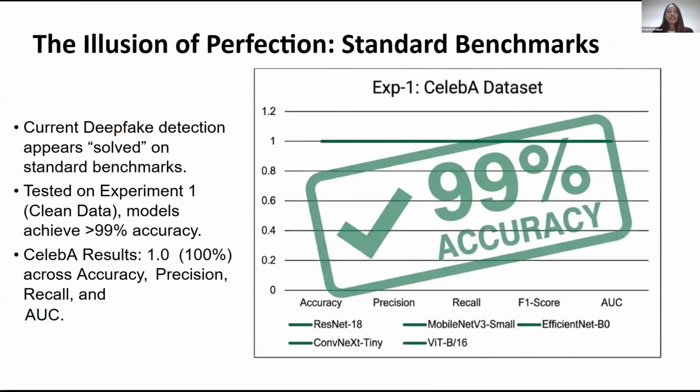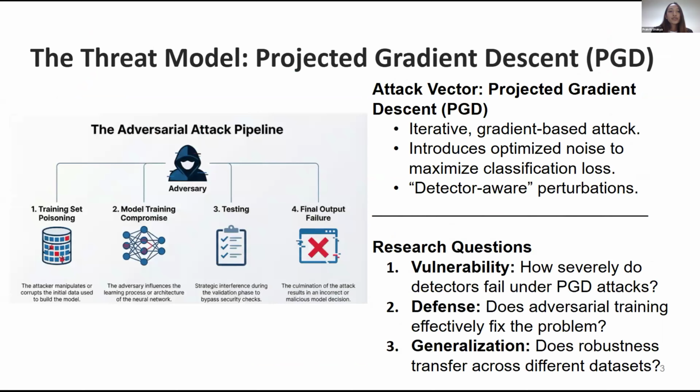To see how the models perform when attackers are actively trying to evade them, we introduce the adversarial threat model. In this setting, the adversary attempts to manipulate the input data, which produces false or incorrect outputs from the detectors.